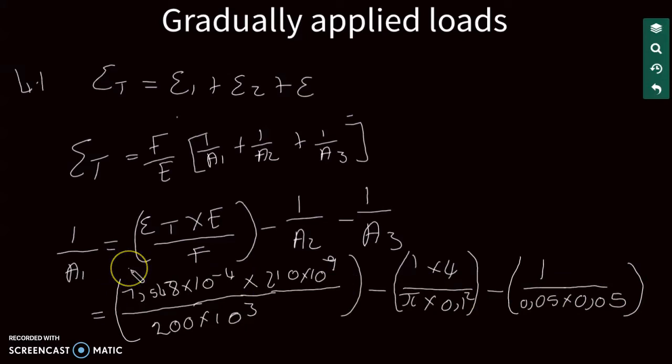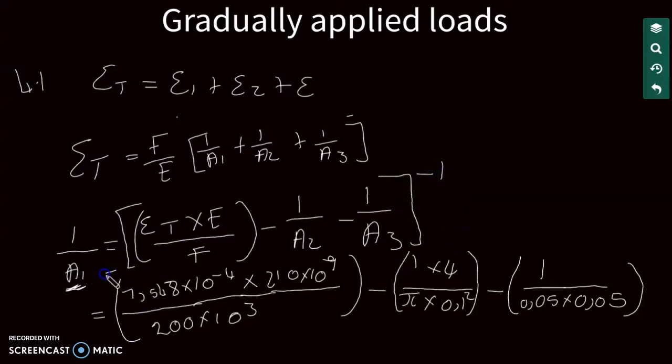And obviously, after getting our answer here, remember the answer that we are going to get is not equated to area number 1. Therefore, we may have to make the area the subject of the formula. So we have to raise it to the power minus 1.